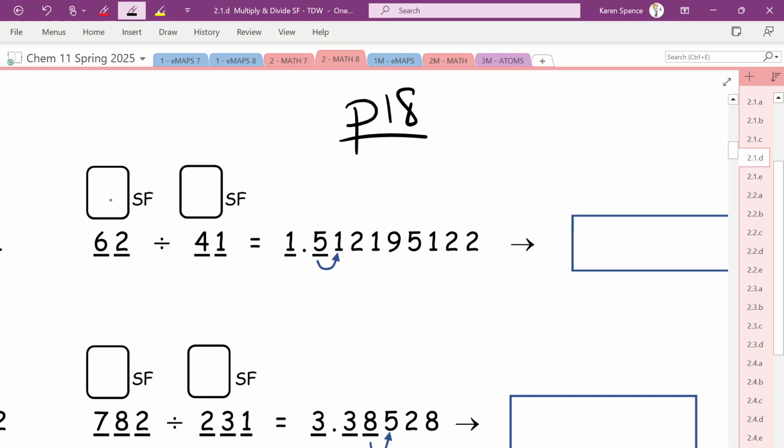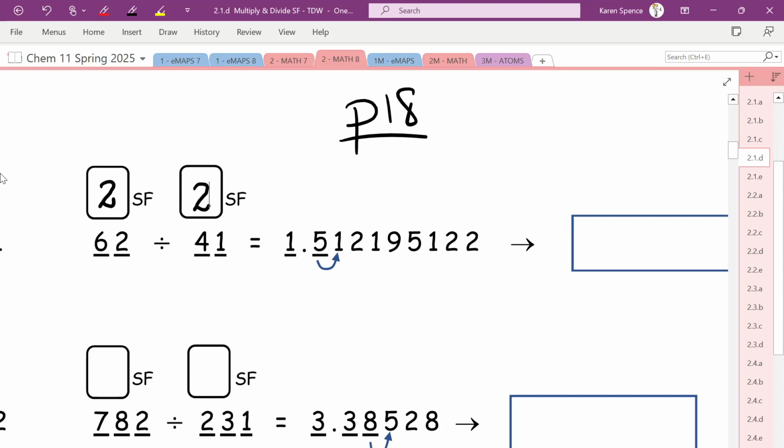For multiplying and dividing, I've got the number 62, which has 2 sig figs. I have the number 41, which has 2 sig figs. If I throw that into my calculator, I get this horrible, ugly number, 1.512195122.